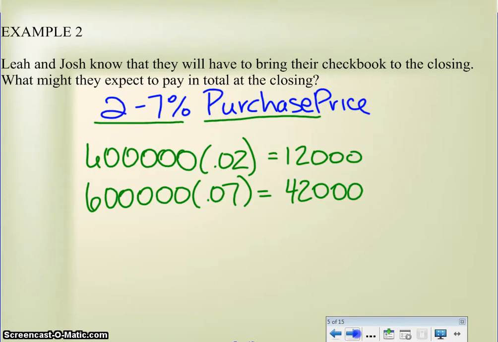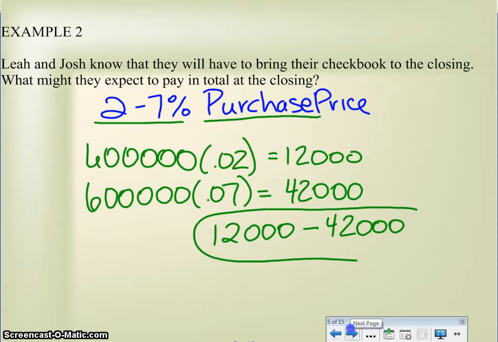Now it's looking for a range, which means you're going to have a low end and a high end. You're not going to do any subtraction from here. You're just going to show it to me from low end. So on the low end, they're going to owe $12,000 on the closing day. High end, they need to make sure they have as much as $42,000 for their closing. And that's my answer.